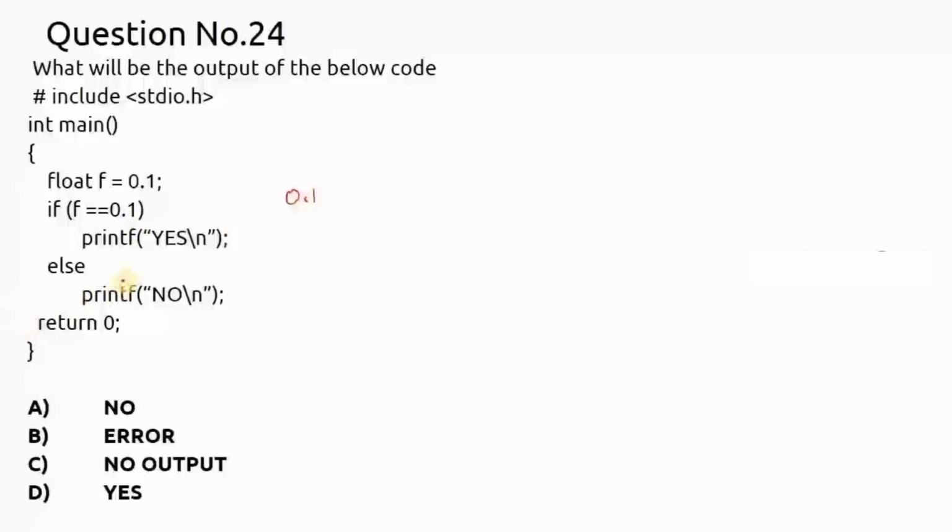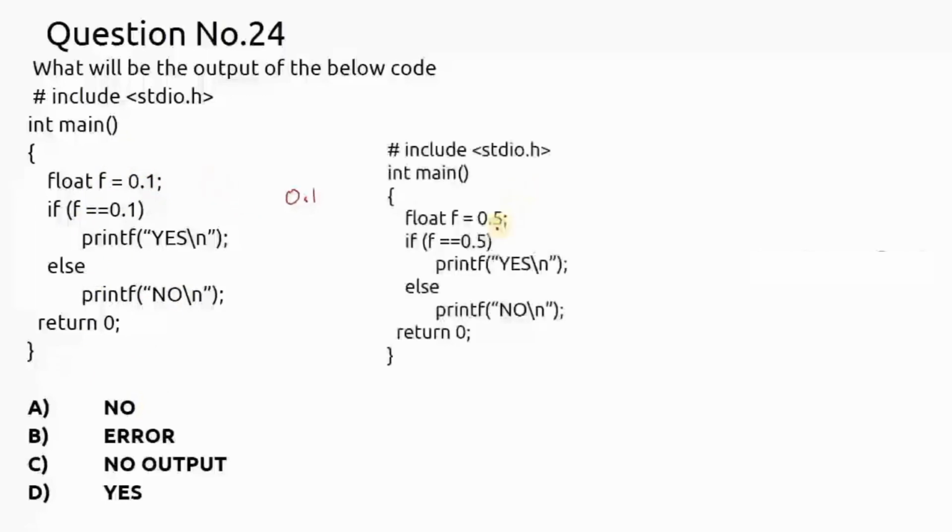Now I found some interesting results when you consider different float values for f. So if you consider f equals 0.1, now I am getting the answer as no. But if I consider f equals 0.5, the answer you are getting is yes. For 0.1 I am getting no, 0.5 I am getting yes. Not only 0.5, even for 0.25 also I am getting yes.